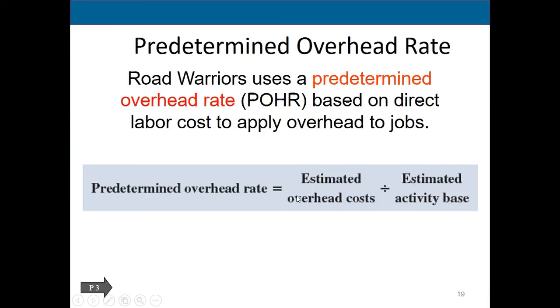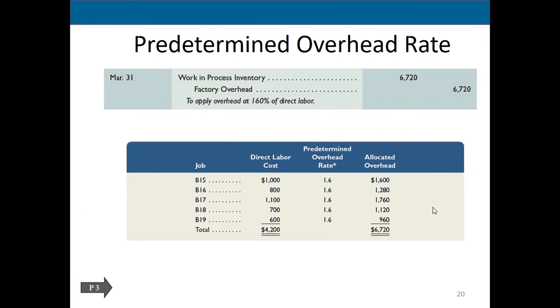So they kind of created a budget for all of their overhead cost, and then they divided it by what they think all of their direct labor cost was going to be. So they took all their estimated overhead cost divided by their activity base, which is direct labor cost, and came out with a predetermined overhead rate of 160% or 1.6.